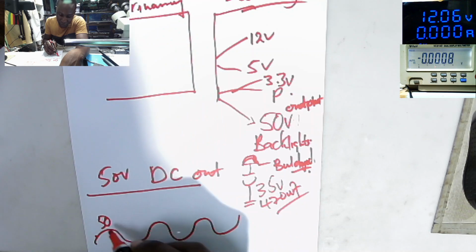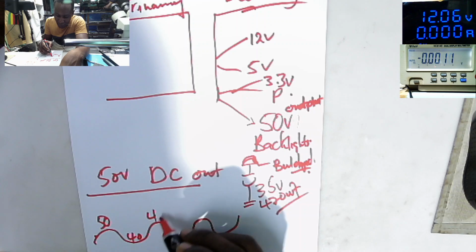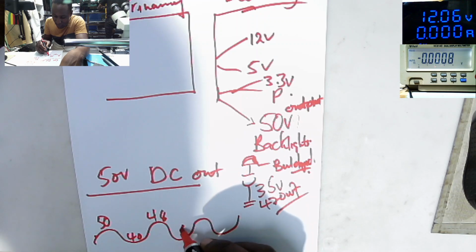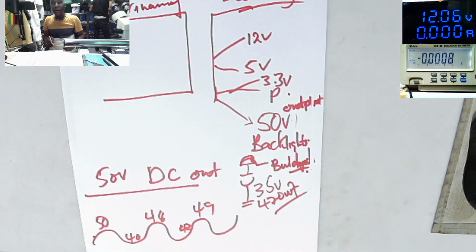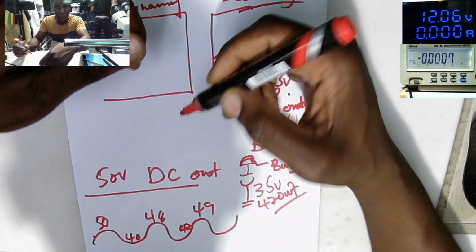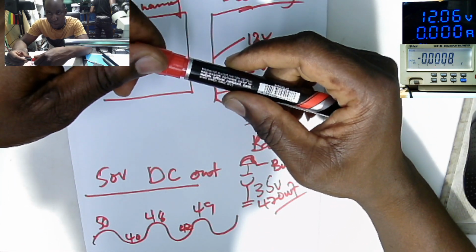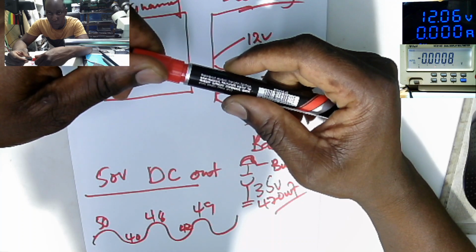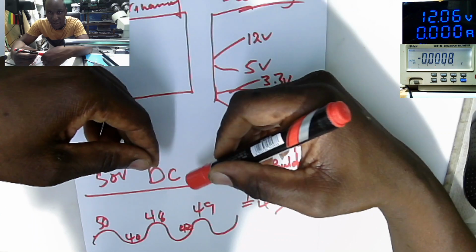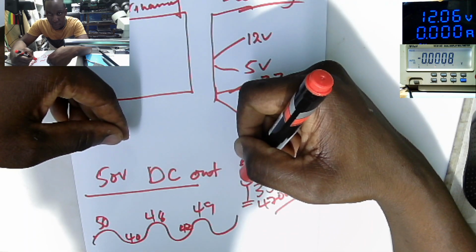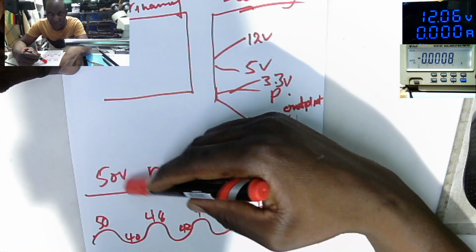Here we have 50, here we have 40, 48, 42, 49. I mean something like a fluctuation of voltage on the output. And the LEDs will be connected either in series or in parallel. They will sense the backlight circuit.